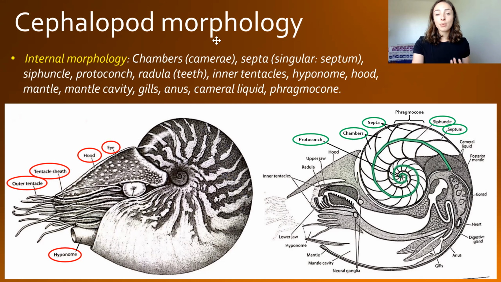Additionally, they have a protoconch, which is just the first chamber of the animal that formed. And then they also have a radula, which is similar to that of snails, which I talk about in the part 1 mollusk video if you want to check that out.